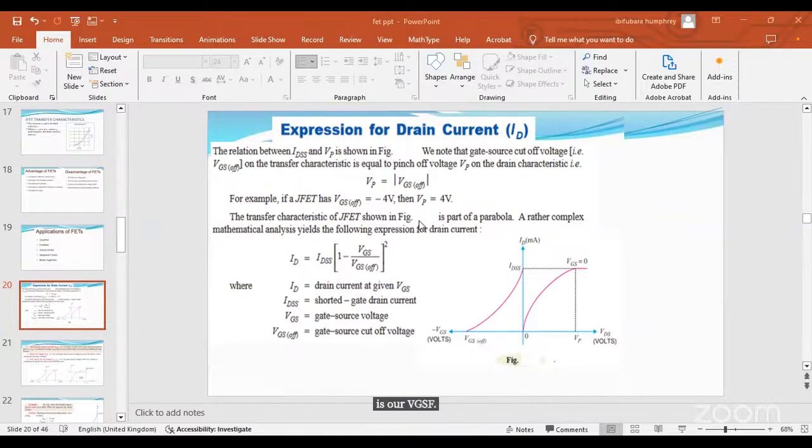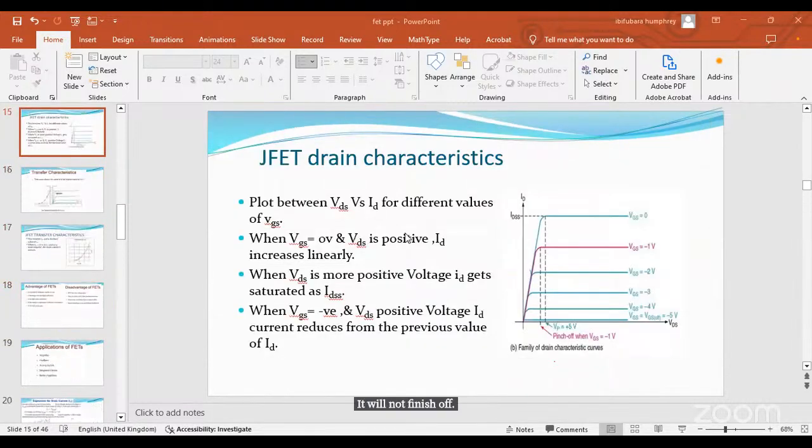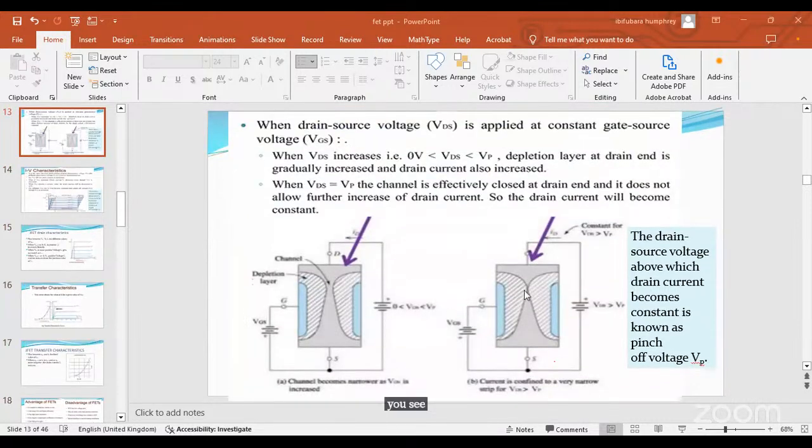Now we compare that to VP, which is pinch-off. Remember that at pinch-off, that is the maximum current attained, and then the current remains stable. Even at pinch-off, you see here at the top, the depletion regions are joined.